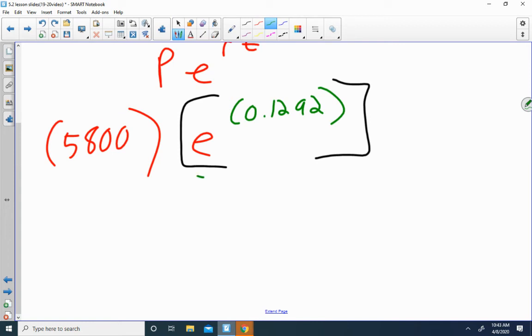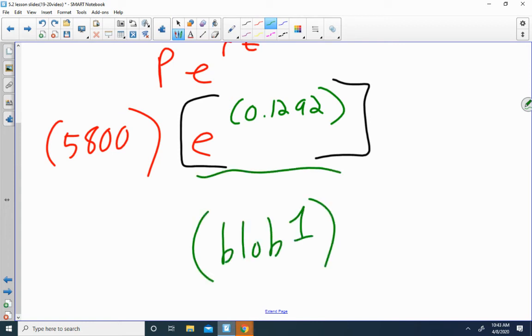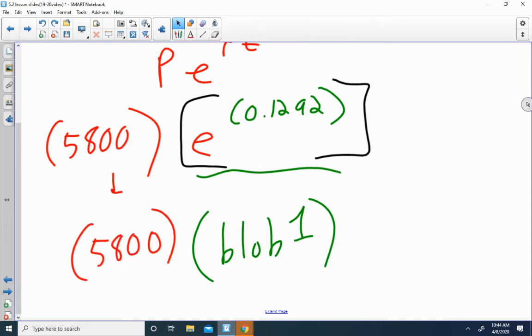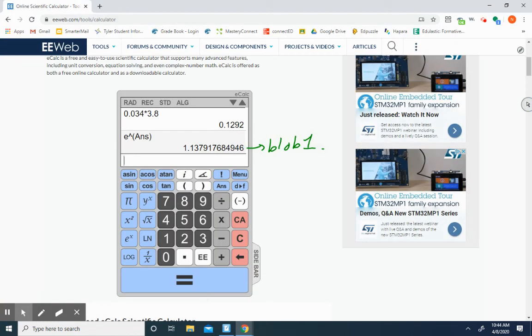Okay, so I computed all of this, and I got blob number 1, and it looks like I'm almost done. I just have to take blob 1 and multiply it by the principal of 5,800. So let's do it. Take the previous answer, which is blob 1, multiply it by 5,800, and let's see how much money we make.